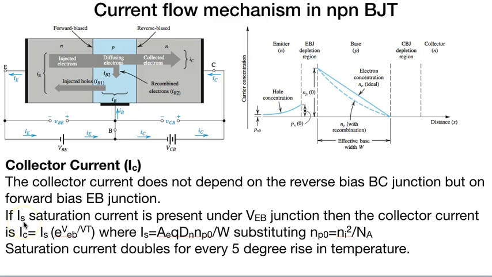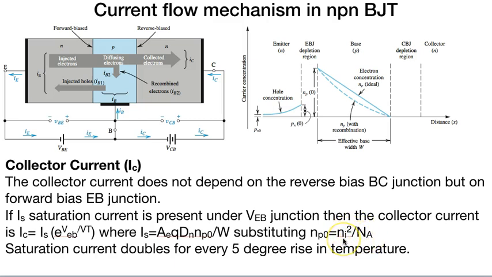From earlier, as we have already discussed the saturation current, the base current junction, and the collector current equation, we have found that IC is equal to IS, the reverse saturation current, times e to the power VEB over VT, where IS is the cross-section area times charge times diffusion constant times NP0, divided by the base width, where NP0 is equal to Ni squared over Ne.